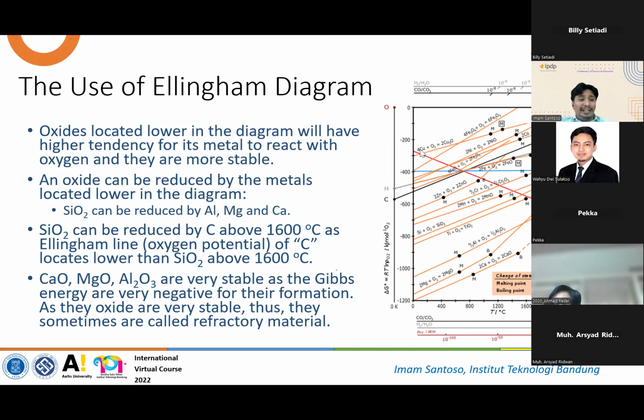Therefore, it is drawn in the red line. If you use carbon as a reductant, you have to select the correct temperature, so that the Ellingham line of carbon is below the Ellingham line of the oxide that you want to reduce.